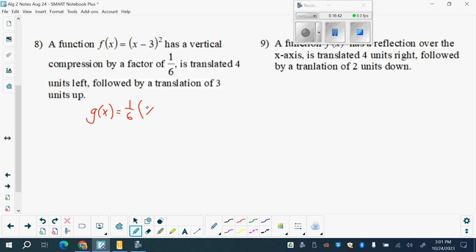And then it was x minus 3 squared, but it is translated 4 units left. So when it's 4 units left, does it go plus 4 or minus 4? Plus. So if we had a plus 4, that's the hardest part. It makes a plus 1. Does that make sense? Yeah, we did it. You got it. And then we want a translation of 3 units up. So where does that 3 units up go? Plus 3.